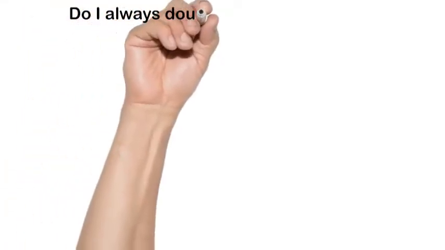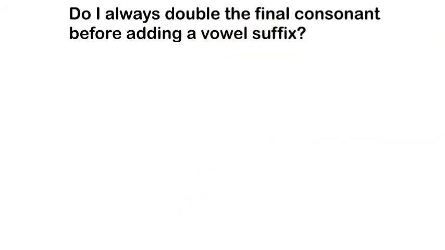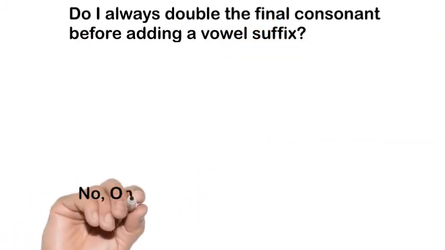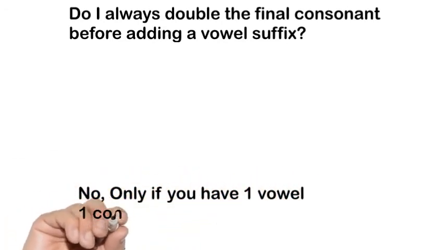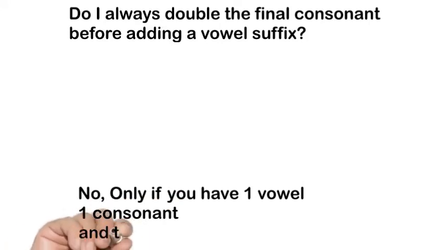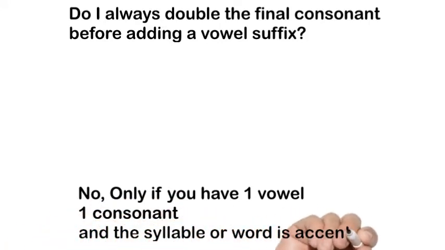So I have a question for you. Do I always double the final consonant before I add a vowel suffix? And the answer is no, I do not. I only do it if I have one vowel, one consonant after the vowel, and my syllable is accented. So if I have a one syllable word, it's always accented.